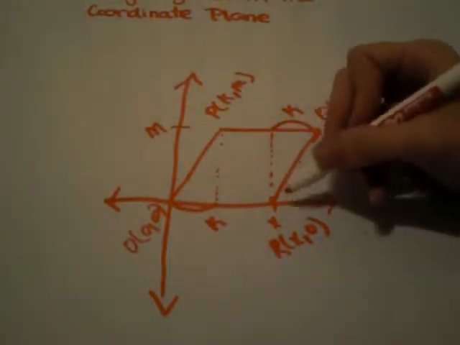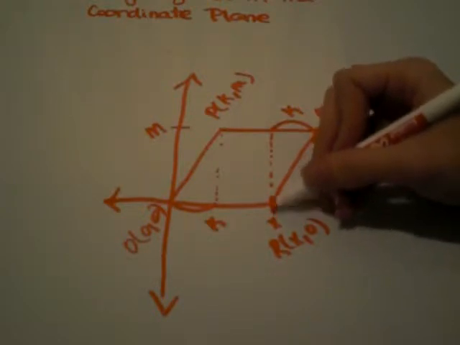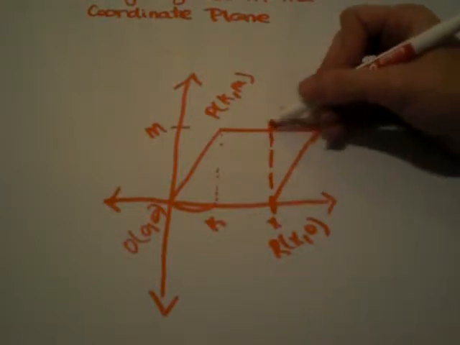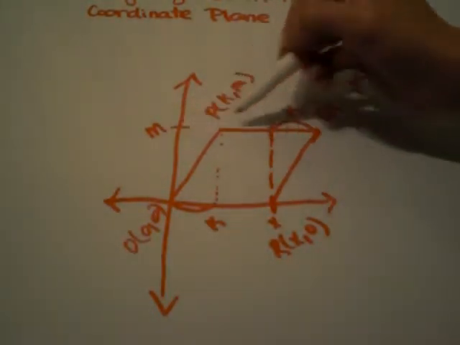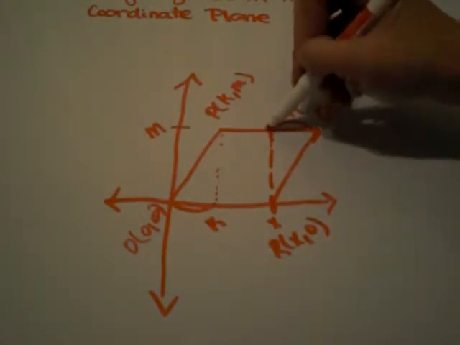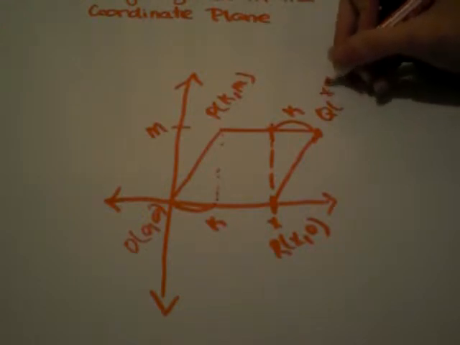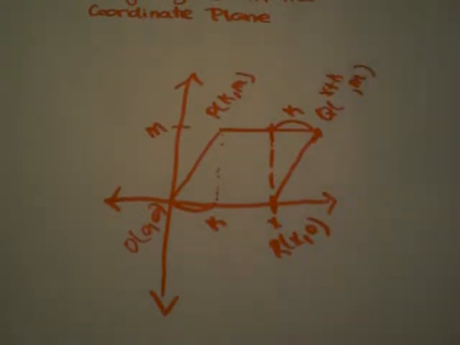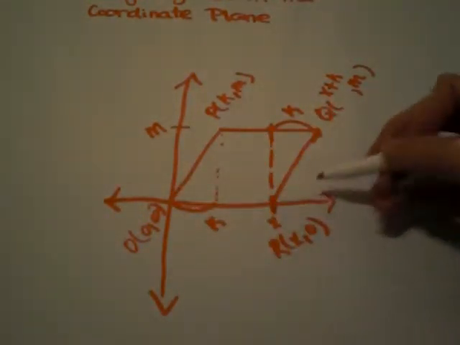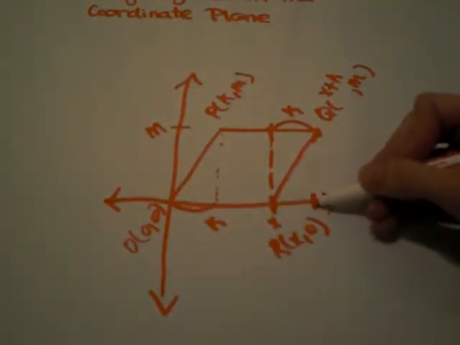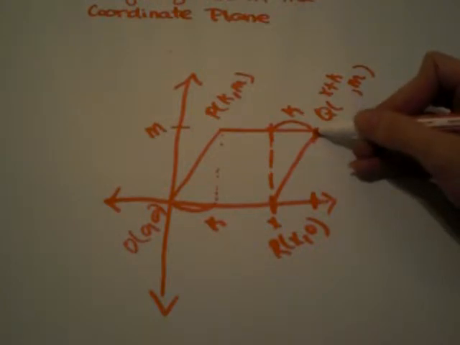As we said earlier, this value right here was X. So far we've gone over X spaces. We go over an additional K spaces. So this will be X plus K for that area. So we go over X, we go an additional K spaces to get to our point, and then up M.